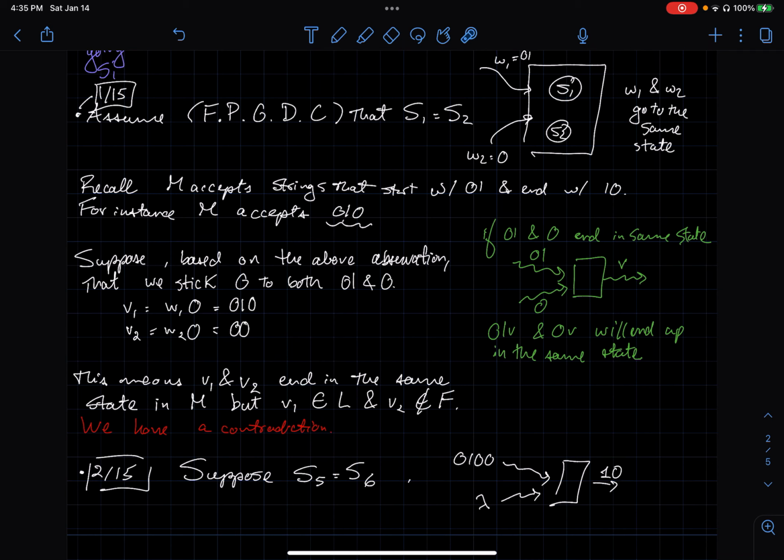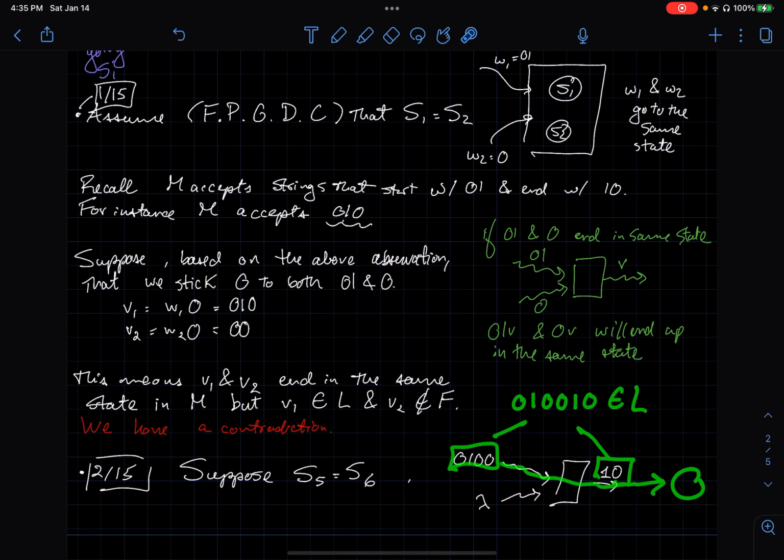Because then I'll have this string appended with this string, which will create 0, 1, 0, 0, 1, 0. So this is in L. And so in the DFA, this should lead to an accept state, right? In this collapsed DFA.